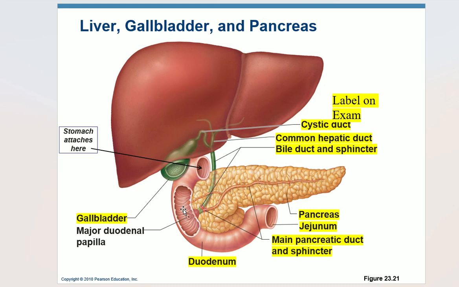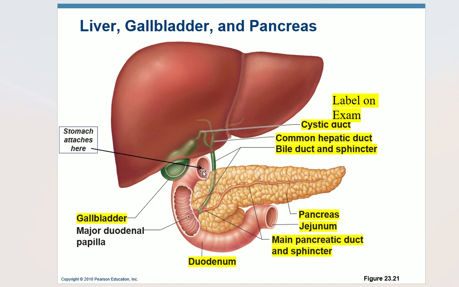So right there at this major duodenal papilla, we have liquids from the gallbladder, the liver, and the pancreas all squirting out. Lovely. Now remember where your stomach attaches. Your stomach attaches right here at the top of the duodenum. So it sits right here, if you can imagine it. Boom, stomach.